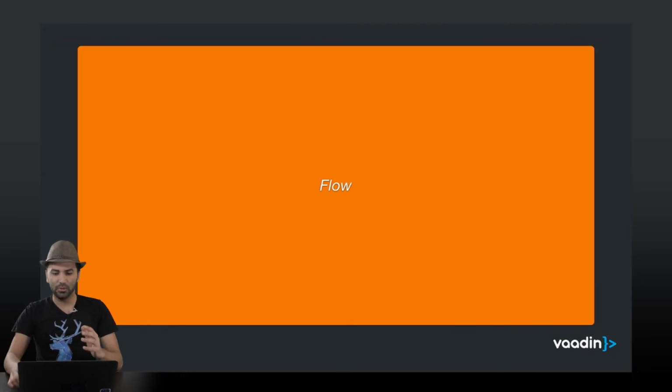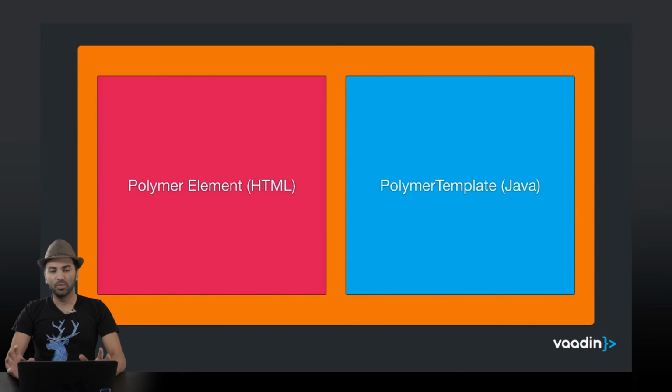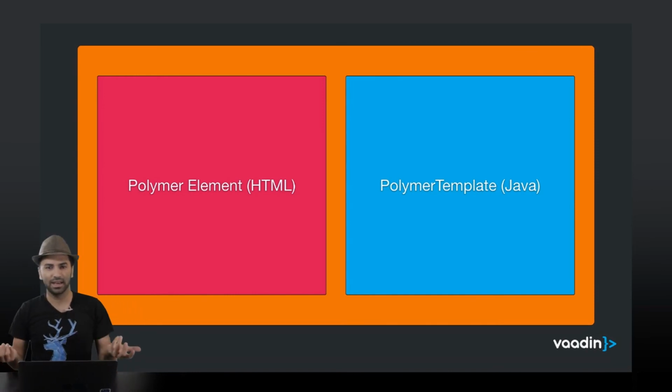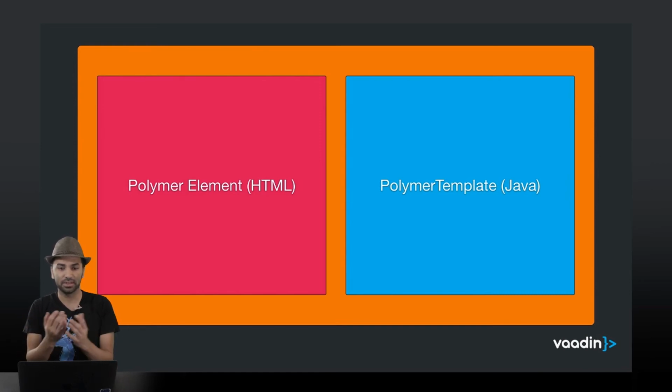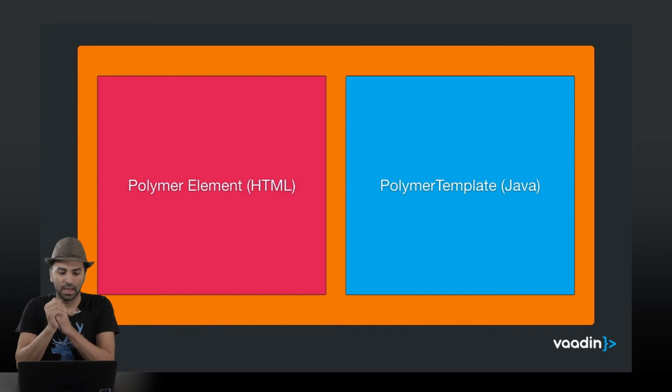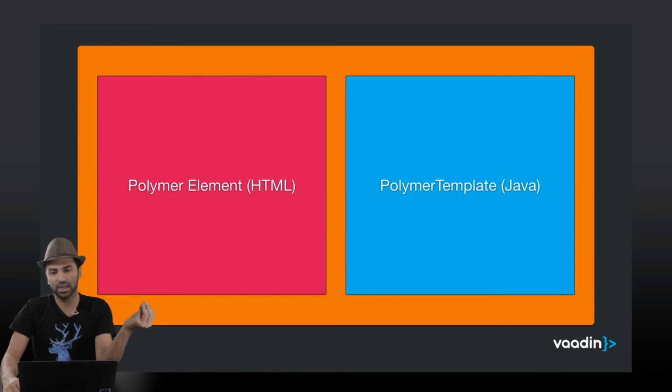So Flow is a communicator between client side and server side. You can think about it in a very simple way, just a communicator tool. You will have some kind of template on the client side, and this template doesn't have any constraints.